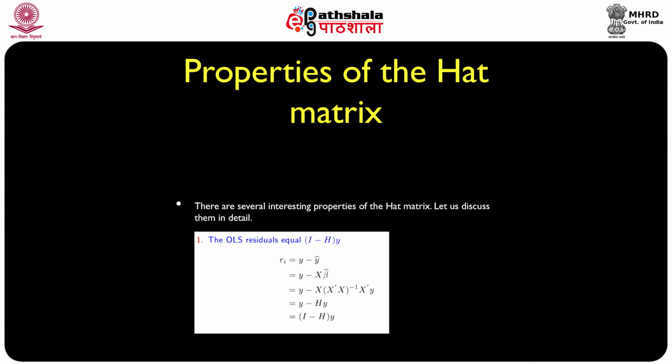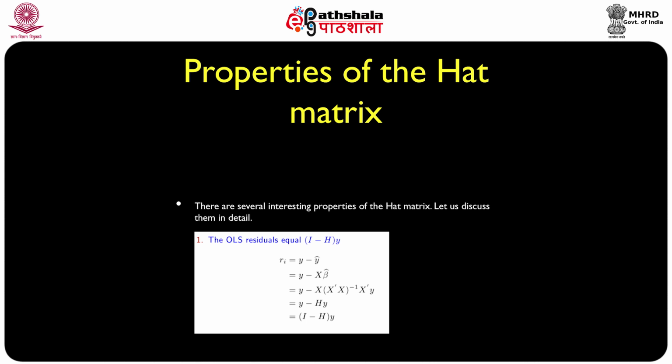Now the hat matrix, besides being very important in terms of leverages, also has some very interesting properties. Let us discuss them in detail, and I will derive each of these properties.